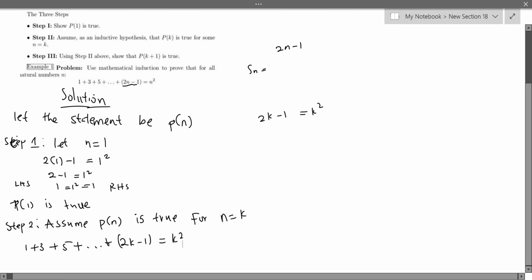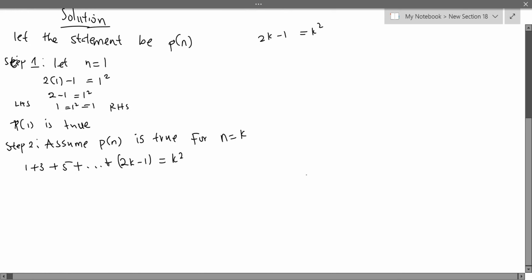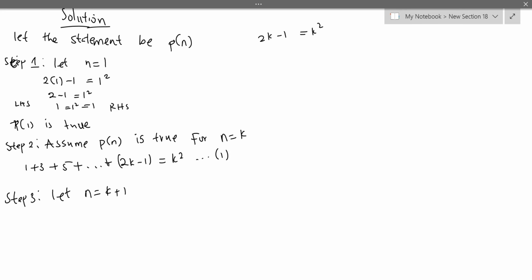So you can name this equation 1 because we are going to use it to solve the next one. Step 3: we say let n be equal to k plus 1. So this is the k plus 1 term. For the left hand side, we are looking for the sum of the k plus 1 term. To get that, you add the first term, the second term, the third term, up to the kth term, plus the k plus 1 term.